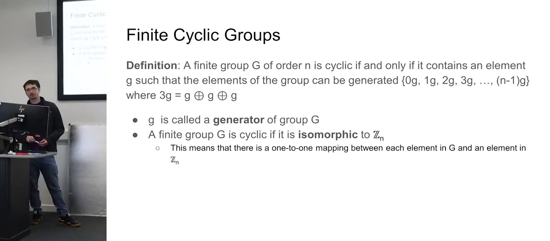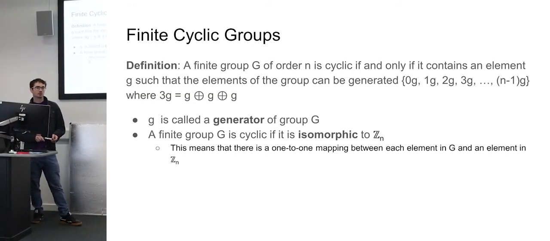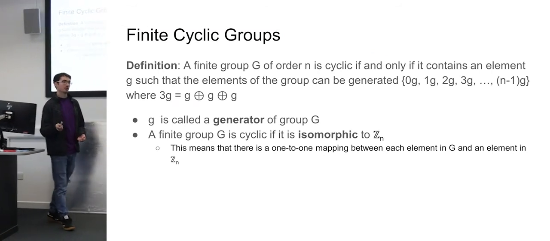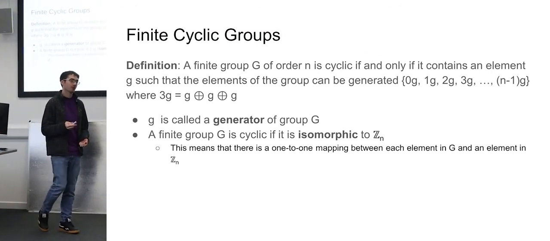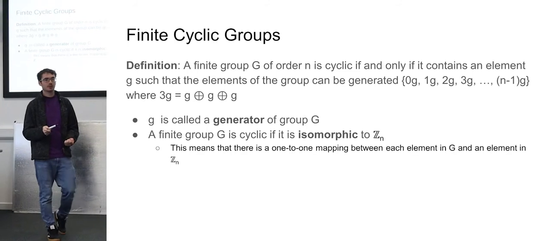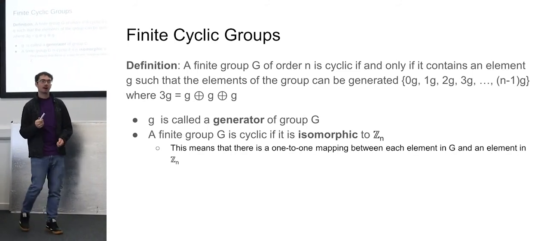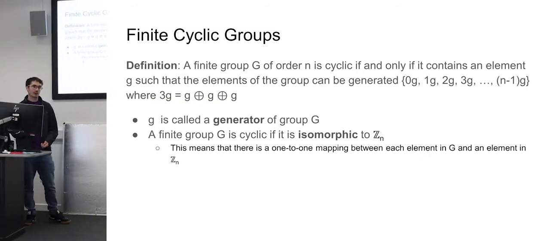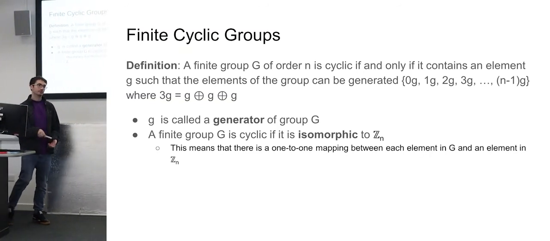So, for example, in mod n arithmetic, 1 is the generator, because you can apply 1 plus 1 plus 1, and you're going to build every single element possible within that group, mod n. Because whenever you get to n, you're going to go back to 0.